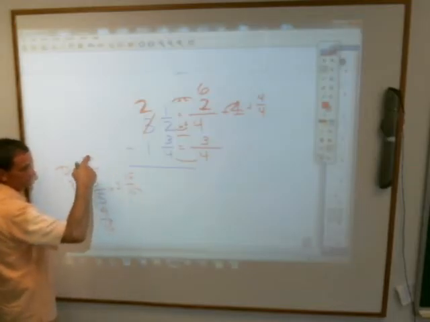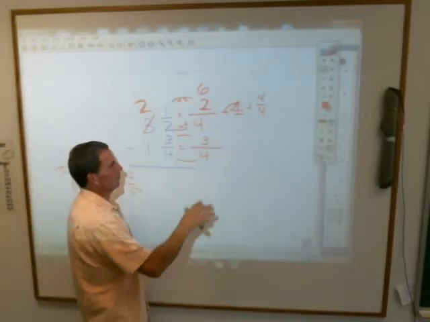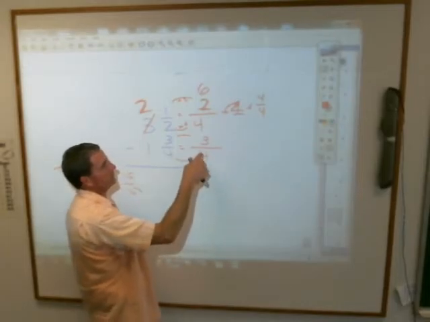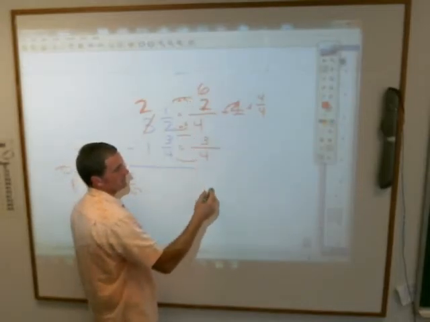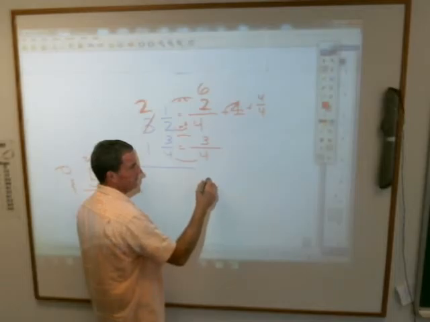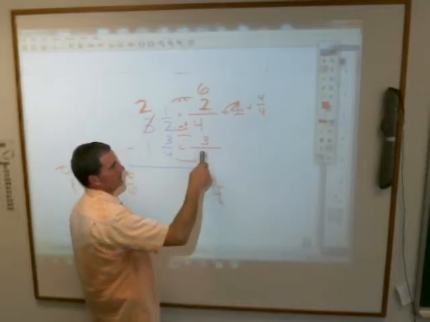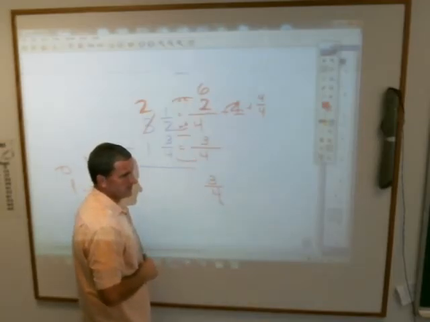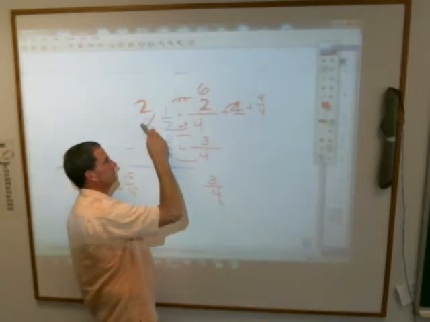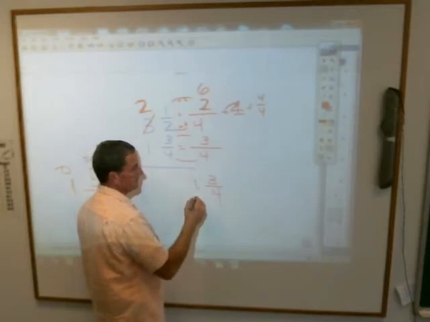And that's what 5 plus 15 is. Enough said. What do I get when I subtract here then? What is 3/4 from 6/4? If I take 3/4 from 6/4, I get 3/4. If I take 1 from 2, I get 1.